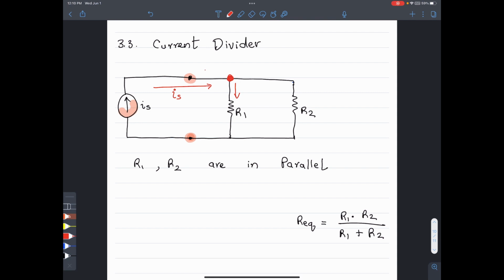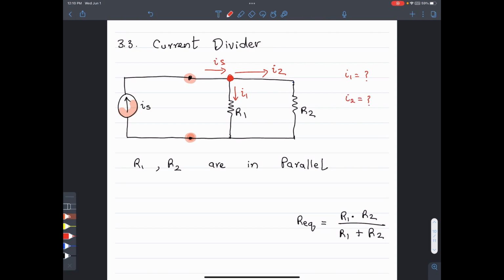There is a current coming in, IS, and it has to branch into two paths. I'm going to call this current I1 and this current I2. So the total current IS is being split or divided between two branches, hence the name current divider. Now we are interested in finding out I1 and I2.